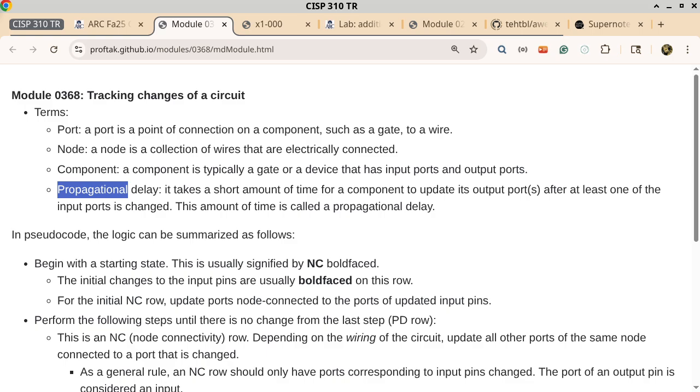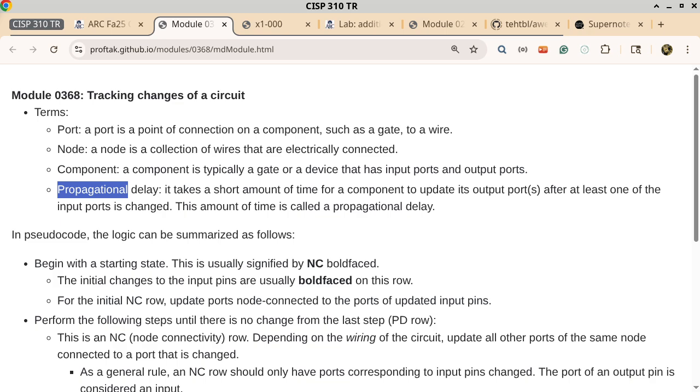The bottom line is the propagational delay has nothing to do with a node. It is only the amount of time that it takes between the change of the input of a component to the corresponding change of the output port of the same component.